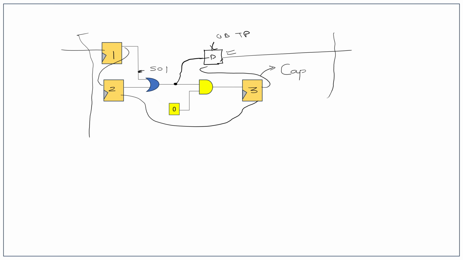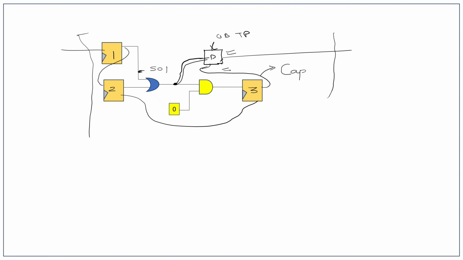I added another flop which was observing the output of the OR gate and I stitched that into the chain. That's why I can shift out the captured or the observed value of the output of the OR gate. This is called an observation point.